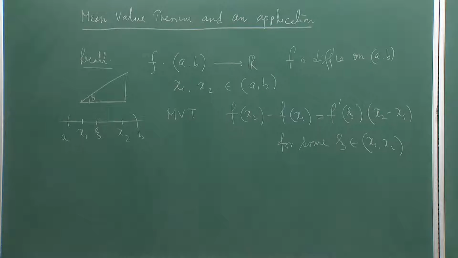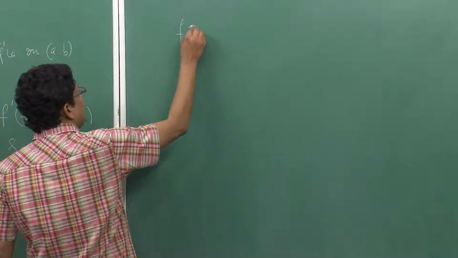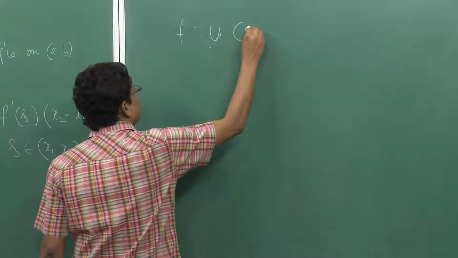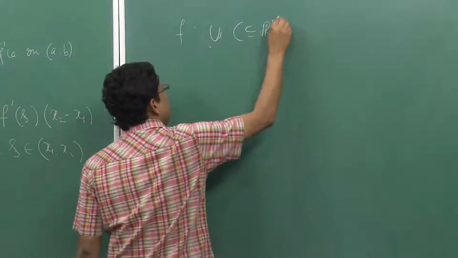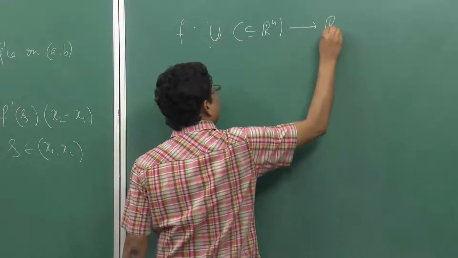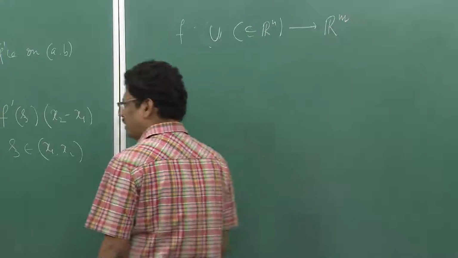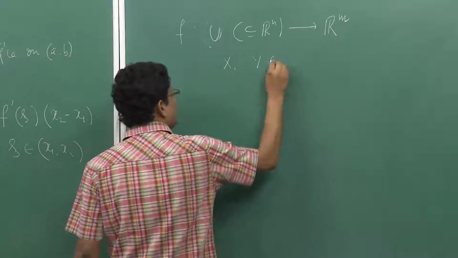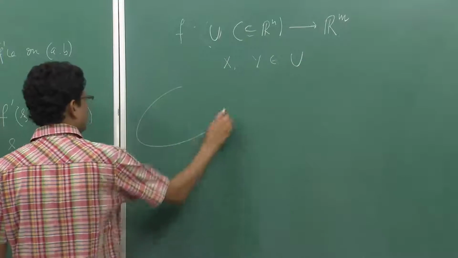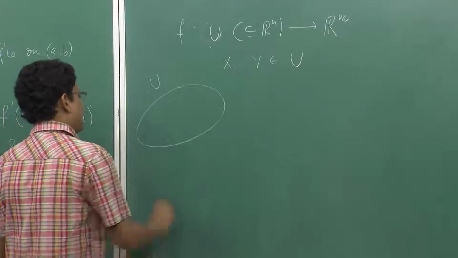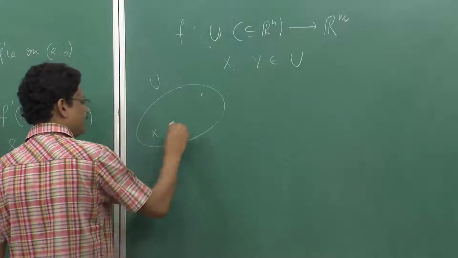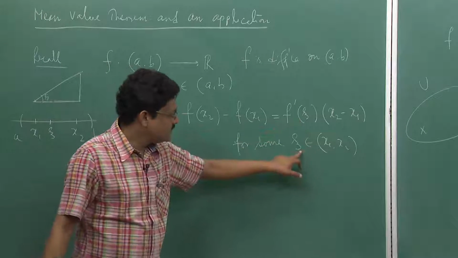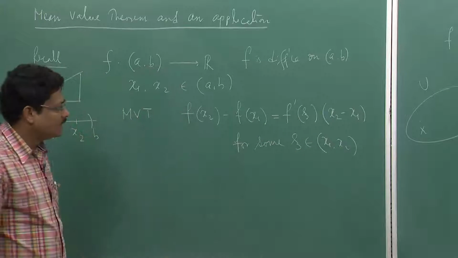Now, to generalize it for a function from say U in Rn to Rm, first thing we encounter is that, suppose x and y are 2 points in U, here is your U, x and y 2 points. Now, to make sense of xi, you see it is in between x 1 and x 2 in the interval.